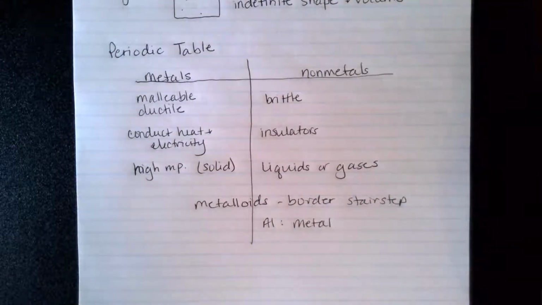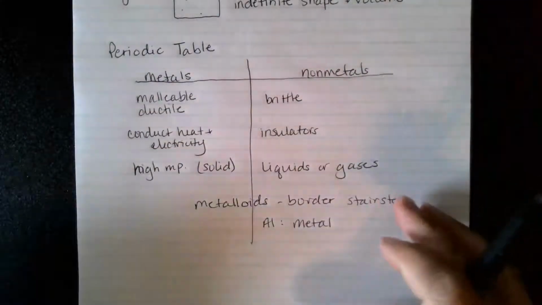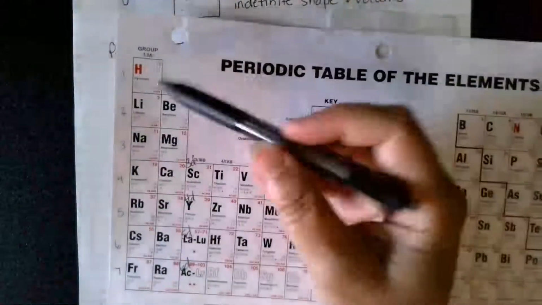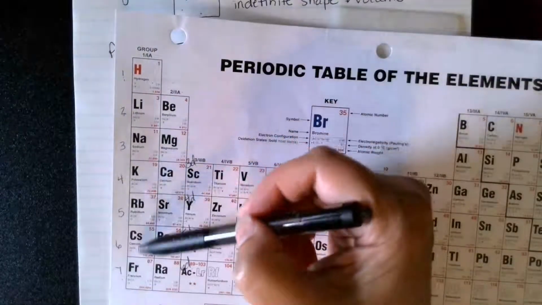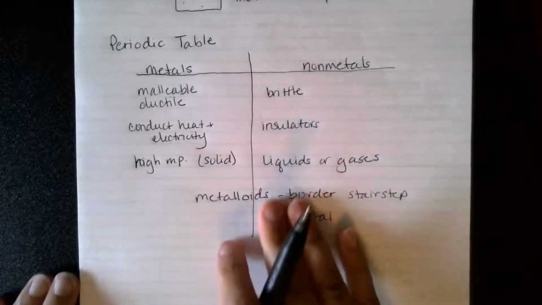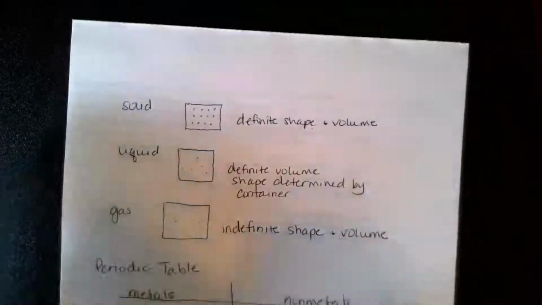And that's a metalloid. Now we have some specific groups that we name on the periodic table. So this first group, this is called the alkali metals. Alright, so group 1, these are the alkali metals.